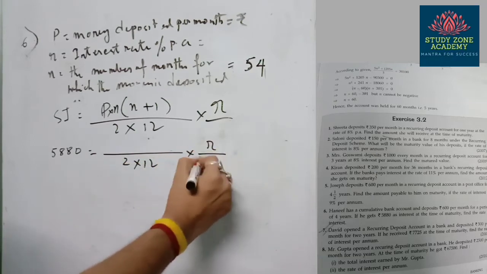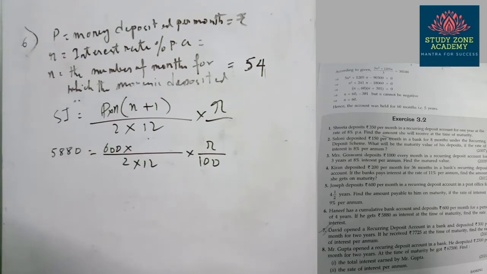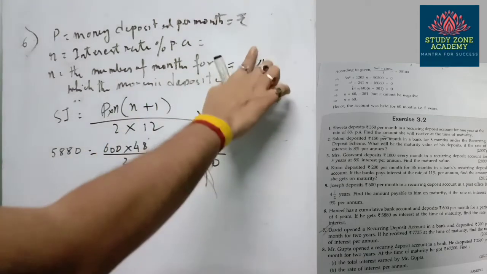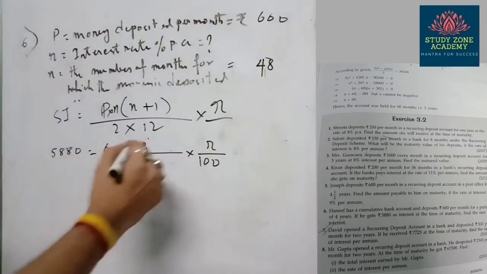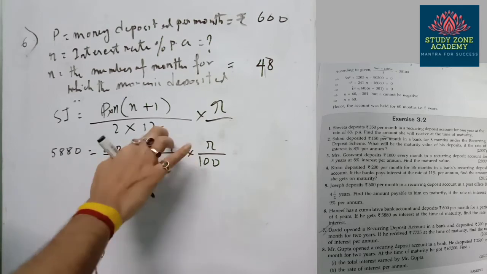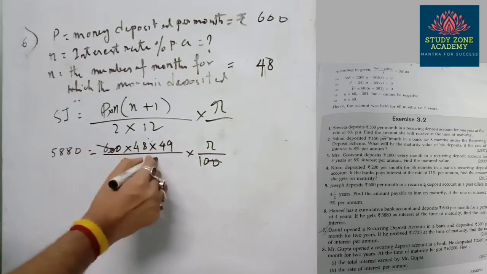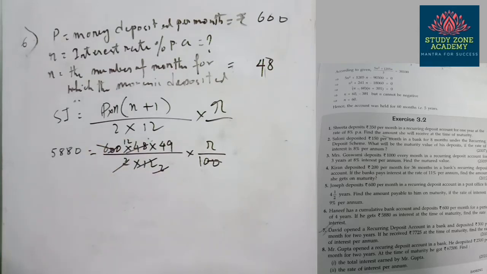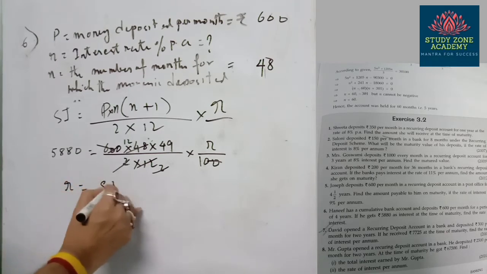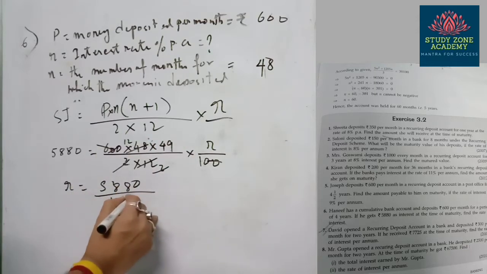We don't know the value of R. We need to calculate that. P is 600. What about N? N in this case is obviously 4 years, that means 48. Let me correct it. So 5880 divided by 12 into 49.